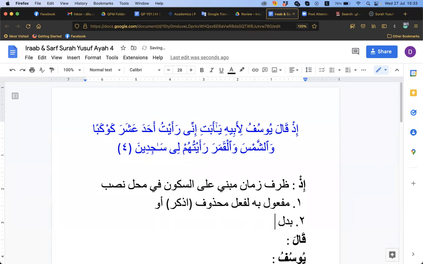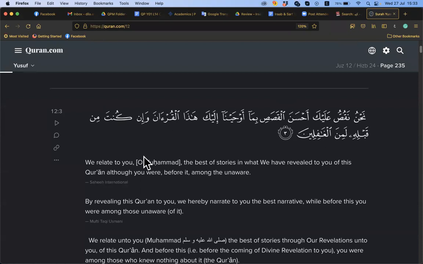For badal we use what? Li, bi, or min? Yes, min, to the word ahsan al qasas. So now you understand why they translate it that way, inshallah.